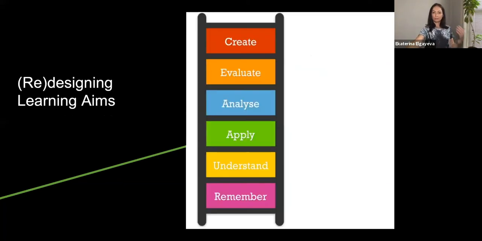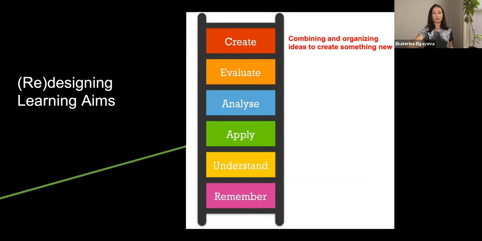So here's the ladder, the cognitive ladder, as I'd refer to it. And I think that this is a really nice way for us to, again, through some of the verbiage, start understanding how we can start to redesign our syllabi and specifically our learning aims, our learning outcomes.